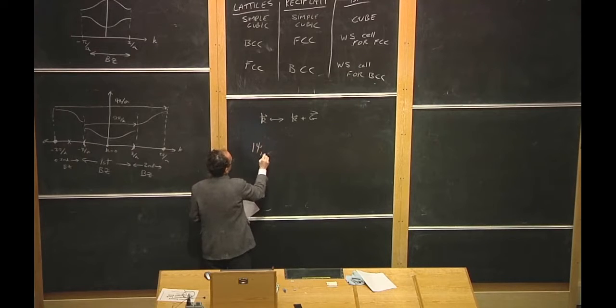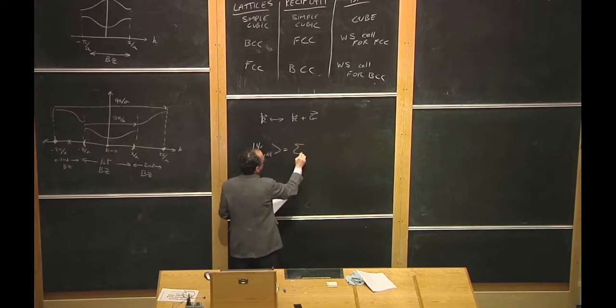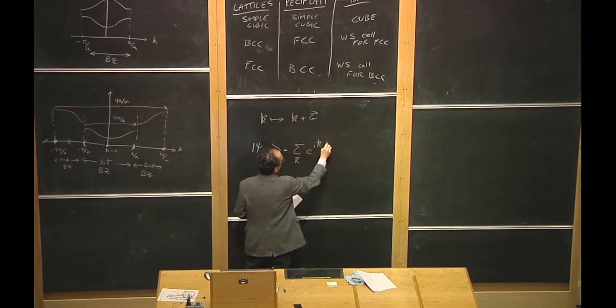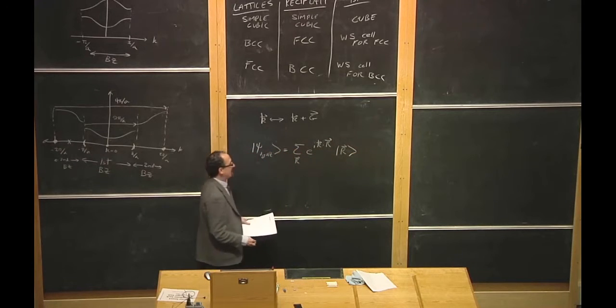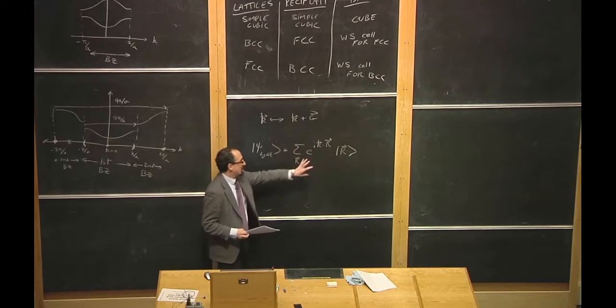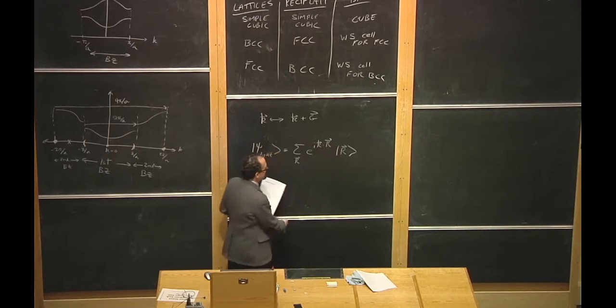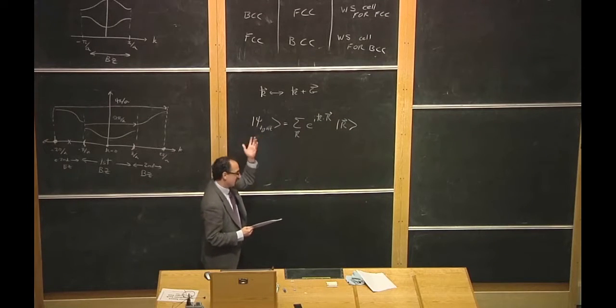Basically, the tight binding wave function, this is in a slightly different language than I wrote it before, you can write as e to the i k dot r times electron sitting on lattice point r. I guess the difference is now we're doing it in 3 dimensions rather than 1 dimension.